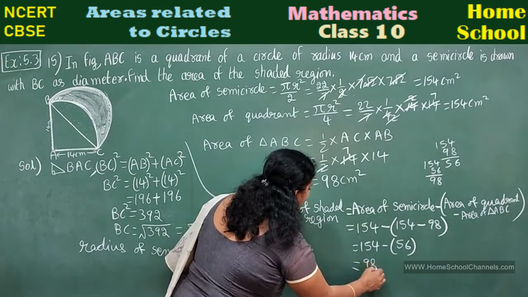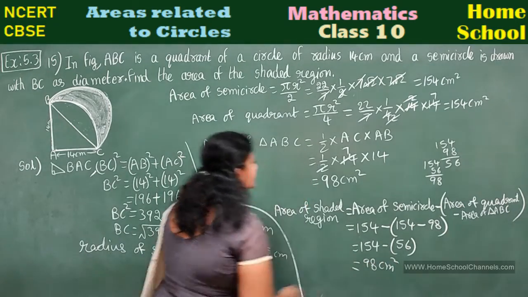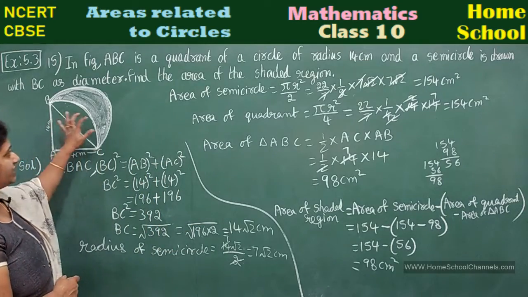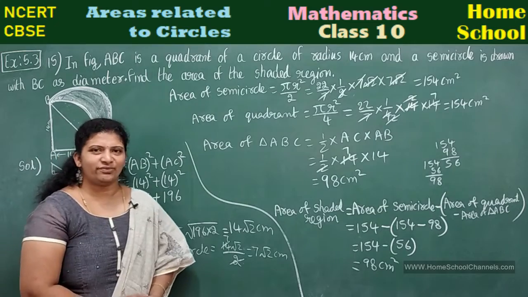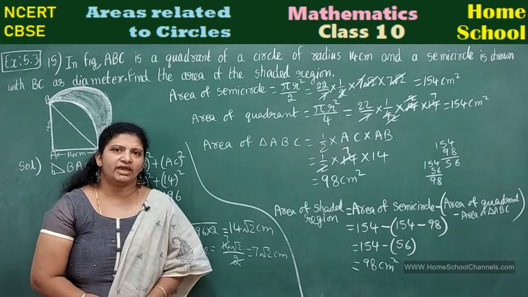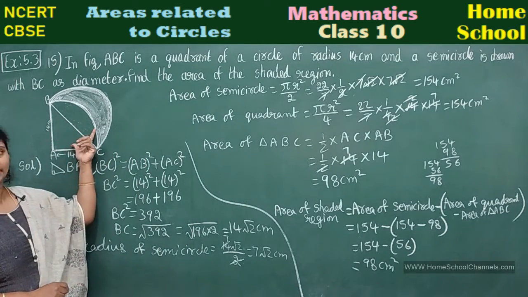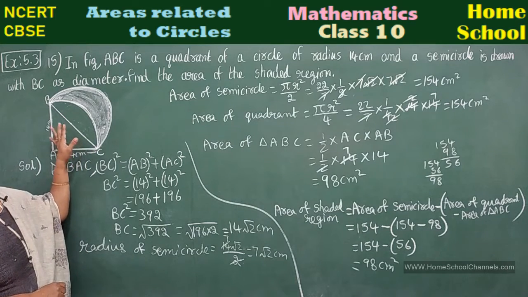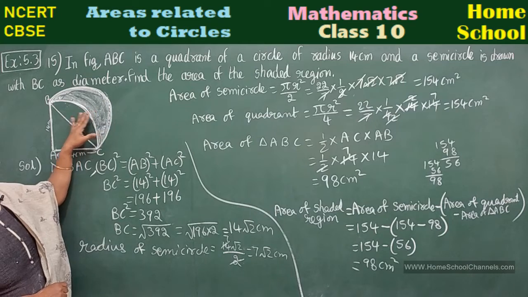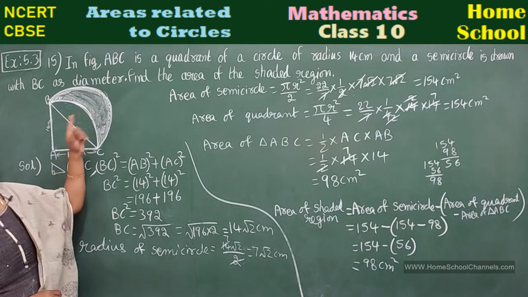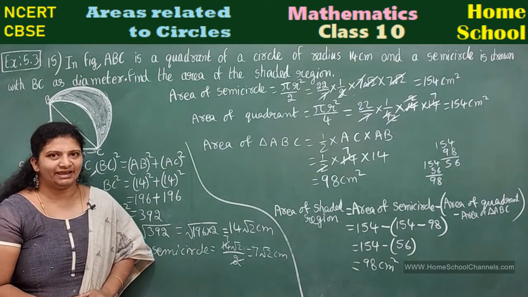Therefore, your final answer, the area of the shaded region, is equal to 98 centimeters square. So, understand the problem carefully. In the area of the quadrant, if you remove the triangle, you get this area. From the complete area of the semicircle, if you remove this part, you get the shaded region area.